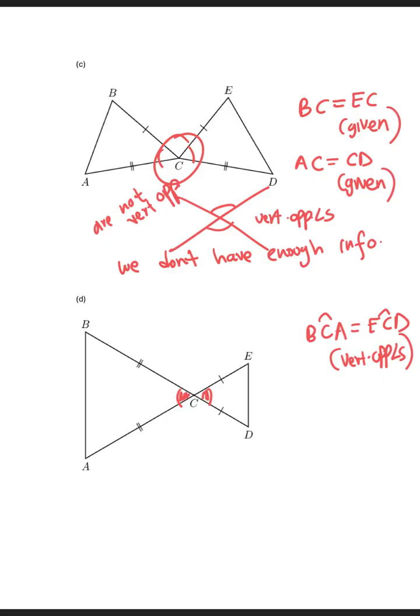We don't have any information about the sides of this triangle related to that triangle. So we can't make a conclusion basically. Because we don't have enough information about the relationship between the sides of this triangle and the sides of that triangle, we can't conclude whether they are congruent or similar.